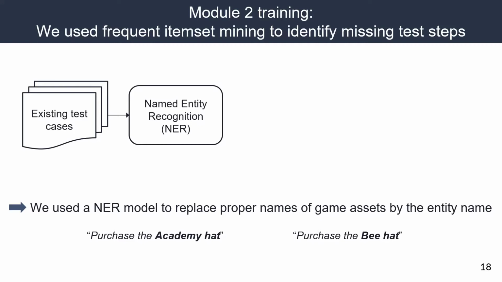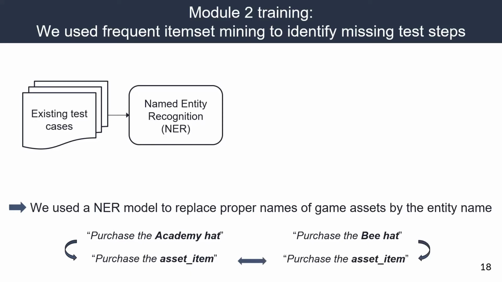So we apply this NER model and transform this first step into purchase the asset item. Asset item is a generic entity name that we use just to say that this is an item of the game, but not necessarily with the name of the item, which is academy hat. We do the same for the other step, and then we can properly compare and get the steps that occur together with these ones across the existing test cases.